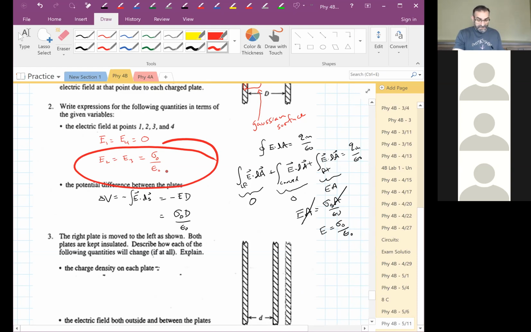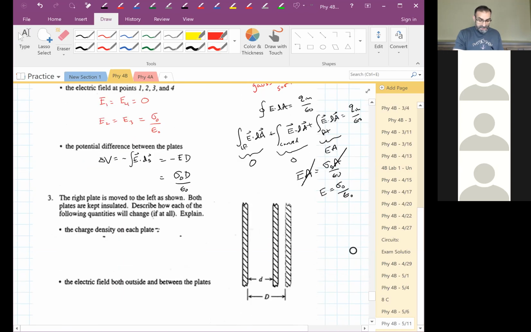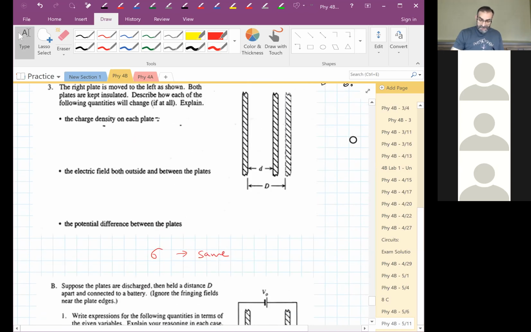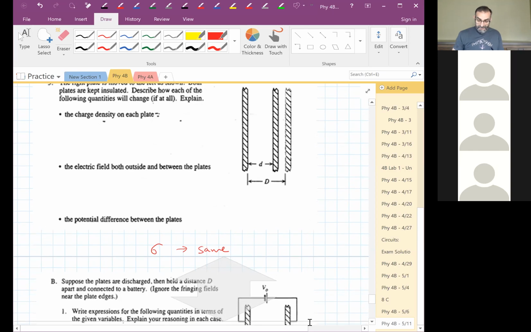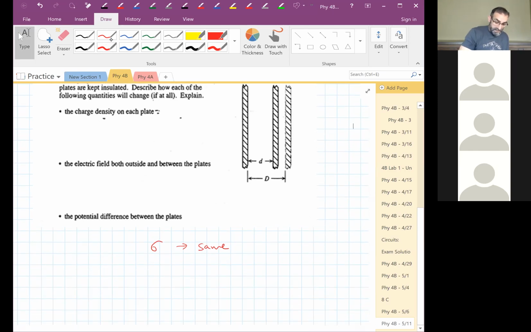Sigma. What happened to sigma? Stayed the same. Okay. Does that make sense from what we know about electric fields near infinite sheets?